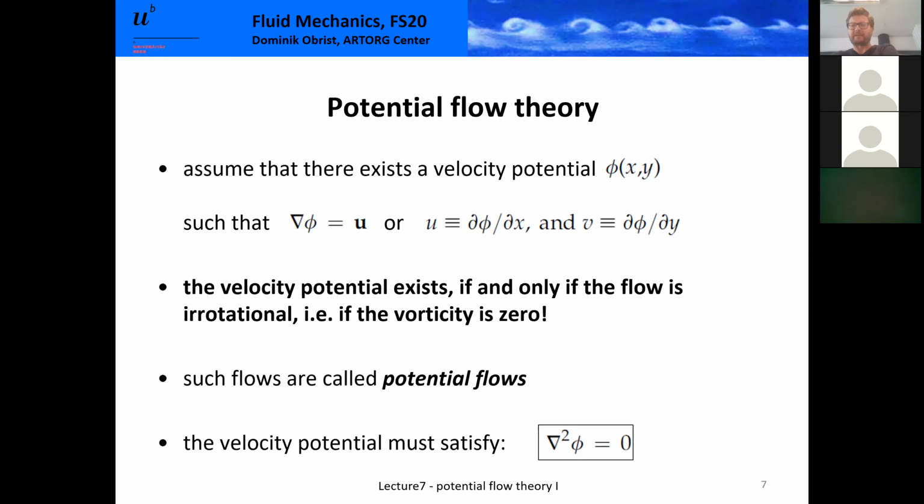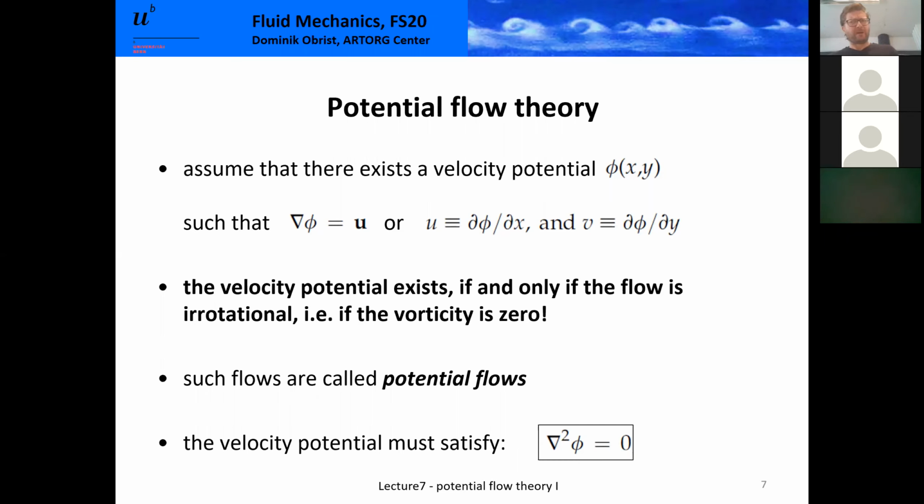Instead of phi, we had a psi. And instead of these relations, we had relations which were not exactly the same, but looked similar. We actually had v equals minus dpsi/dx and u equals plus dpsi/dy. But still, it was very similar.